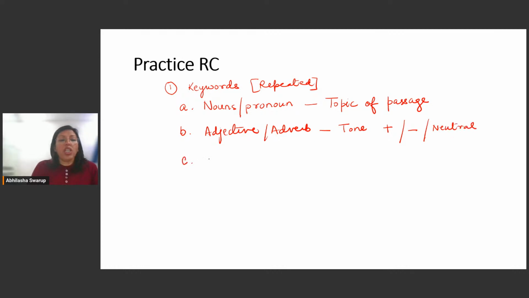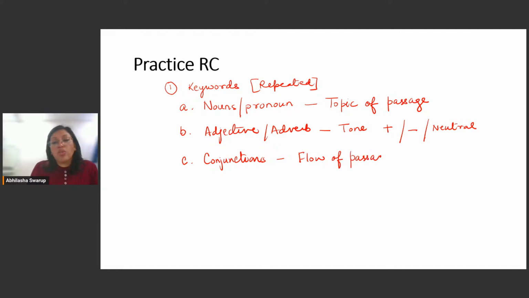And number three, you also look for conjunctions. The conjunctions or the transition words show you the logical flow of the passage. Are you going from positive thought to positive thought, or from positive thought to negative thought? Which way is the passage going?